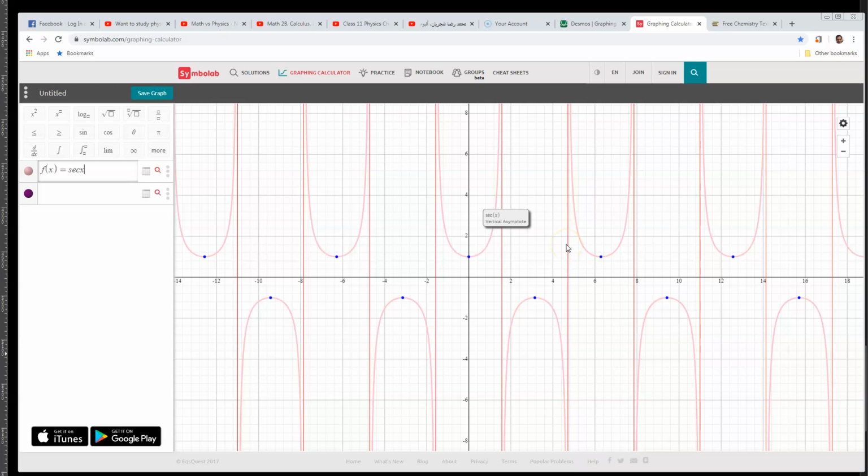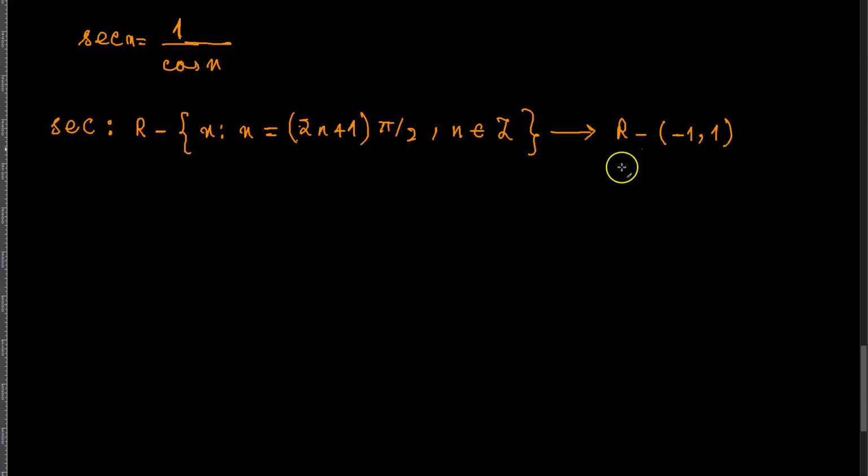Now let's see how they have actually defined the domain of this function. The way that they have defined the domain of this function is that the domain of y is equal to secant x is equal to basically R minus x, or x such that x is equal to 2n plus 1 times pi by 2, and n belonging to Z, and the range is R minus negative 1 comma 1.